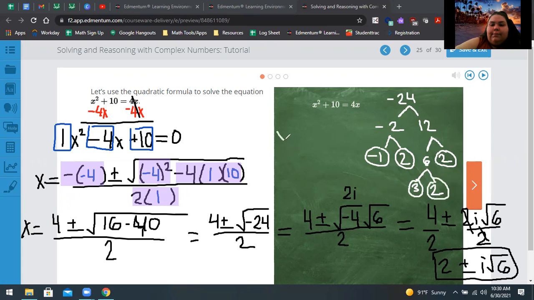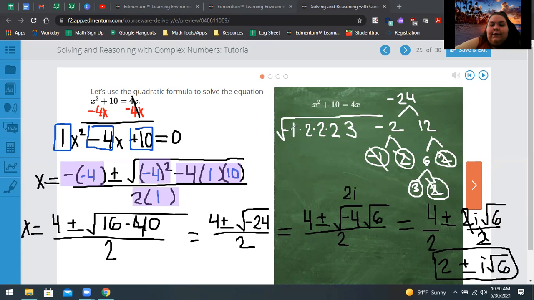Now I would rewrite my square root of negative 24 with those numbers that I circled here. So negative 1 times 2 times 2 again times 2. So I have 3 and then 3. Now keep in mind, because it's a square root, you can only pull out pairs.